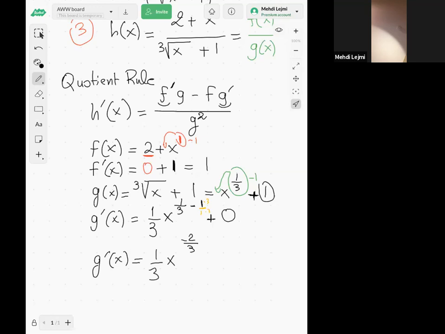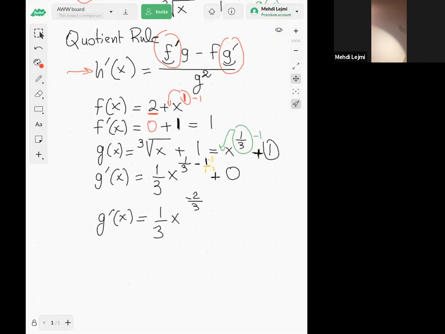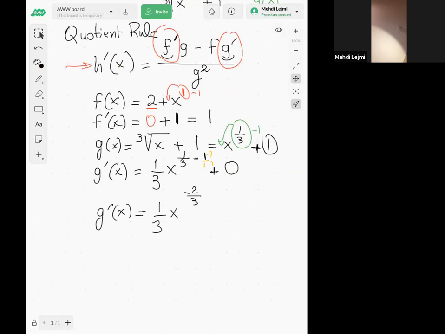Now I got my f prime, I have my g prime. Now I can apply my quotient rule, right? Let's see what we get for h prime of x. So first we have f prime, and we said f prime is just 1.